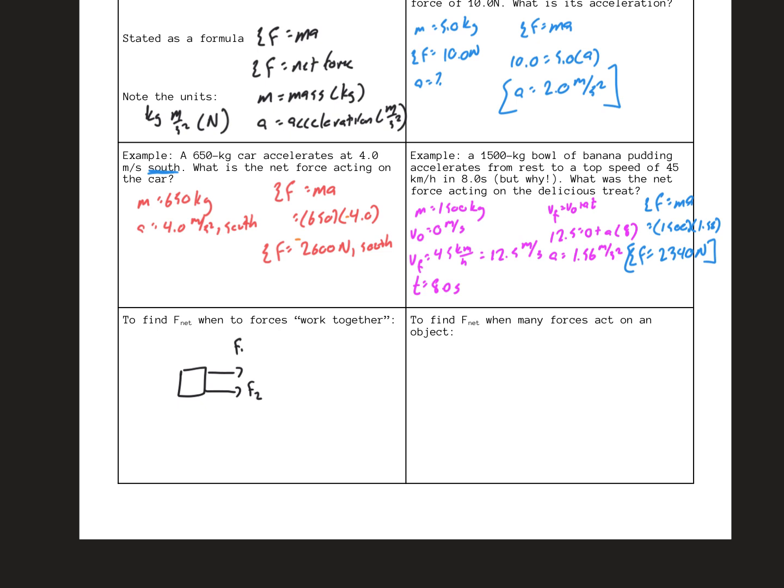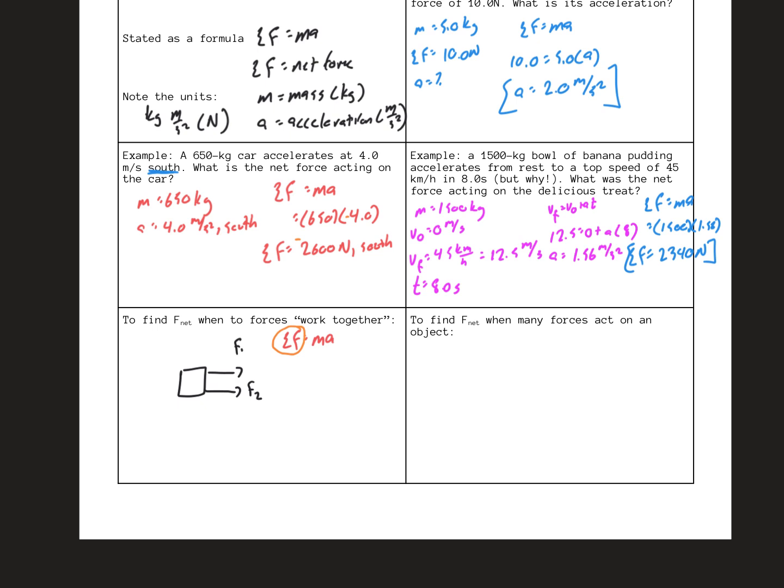And thinking back to my original equation, I have net force is mass times acceleration. When we start getting to problems where more than one force is acting on the object, the net force basically asks the question, what combination or interaction of forces is causing the mass to accelerate?